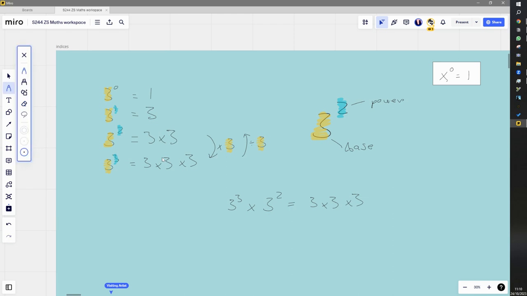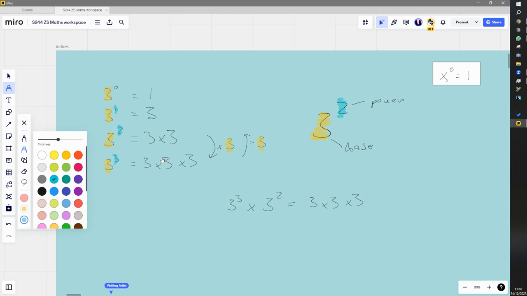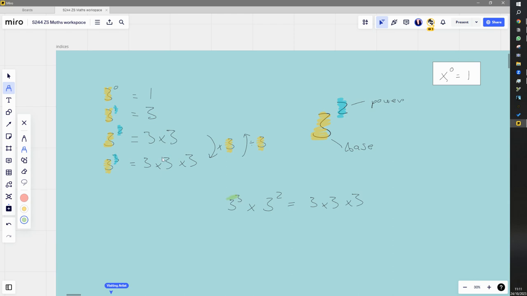So I'll use a different color and highlight all of that. So that's my 3 cubed. I'm going to multiply that by 3 squared. And that's 3 squared, right?